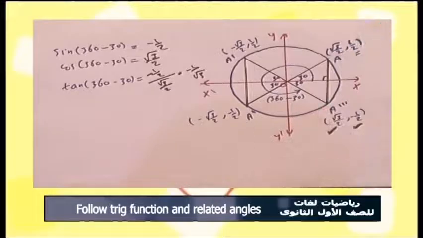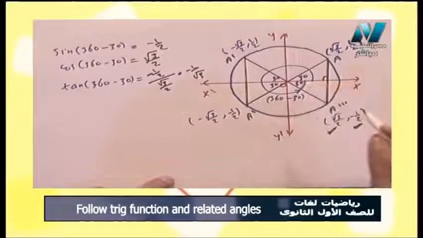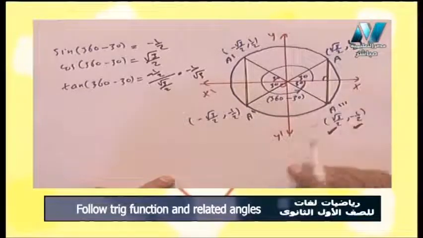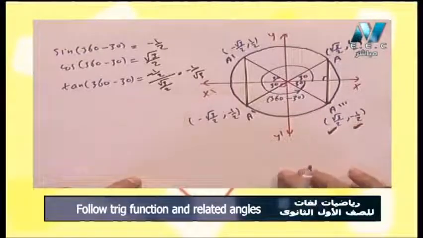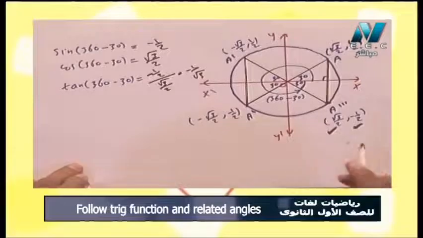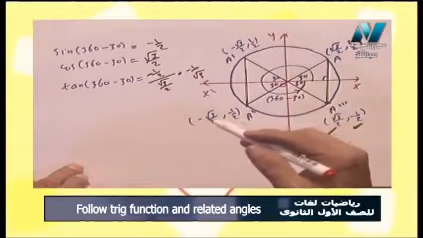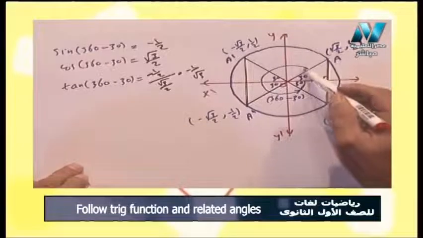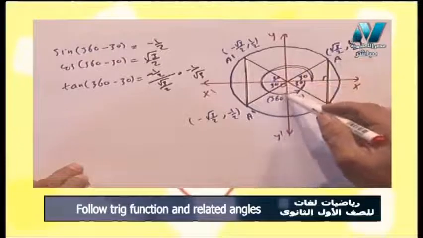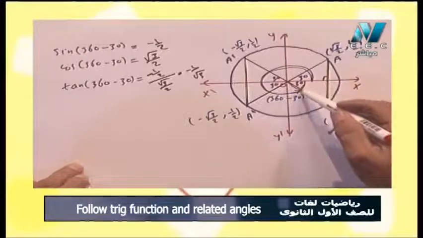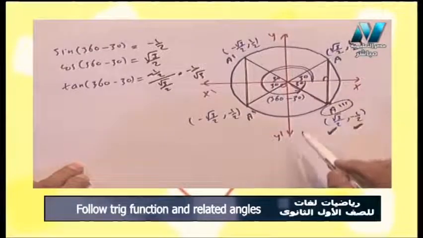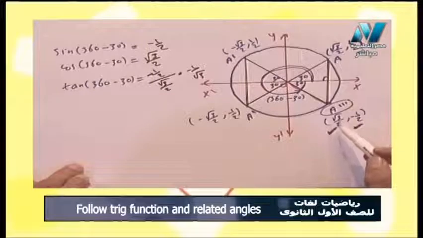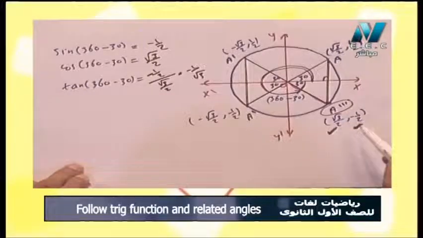This is the 30 angle, and this is its point, and its coordinate is root 3 over 2 and negative half. Okay, it is the same as the angle 360 minus 30 because they have the same terminal side here, and of course they have the same point, which is A double dash, root 3 over 2 and negative half.